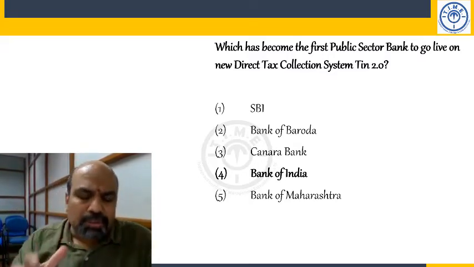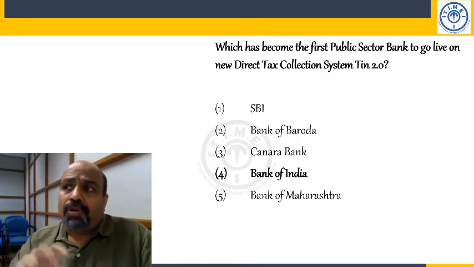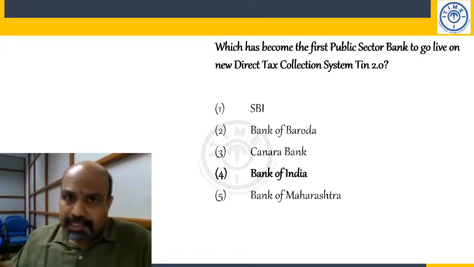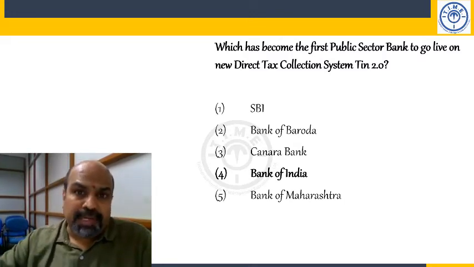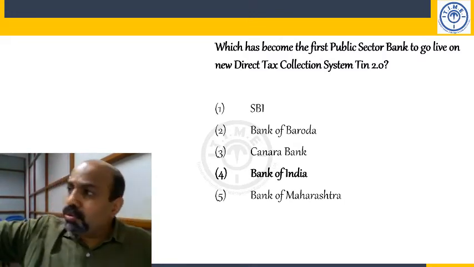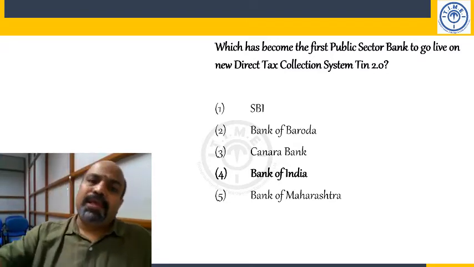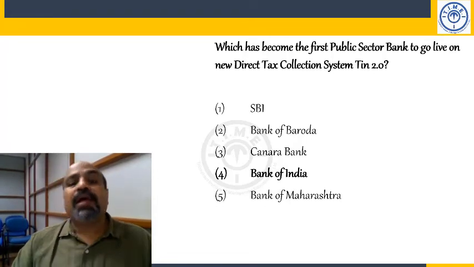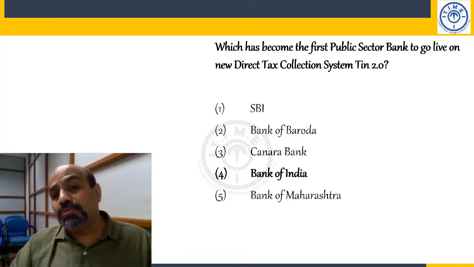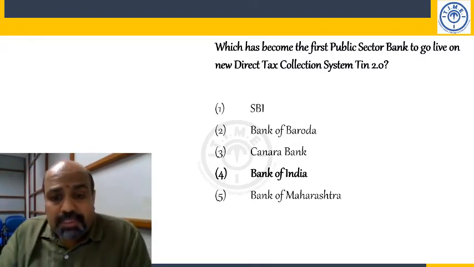It's an official website of the IT department, a single window for all tax related issues like filing returns plus tax payment. You don't have to go elsewhere to pay a tax. You can pay tax and file a return here. So it's a pretty sophisticated system, and Bank of India has become the first to go live on this system.